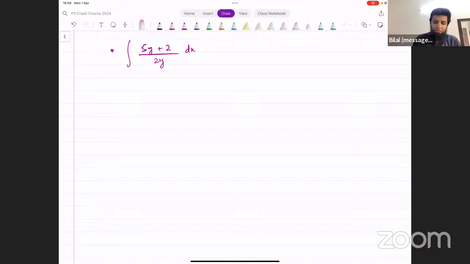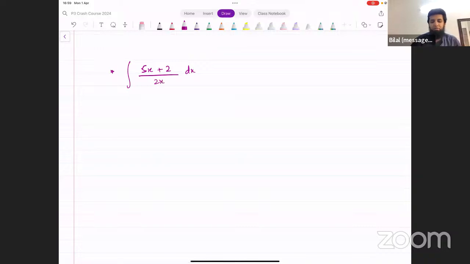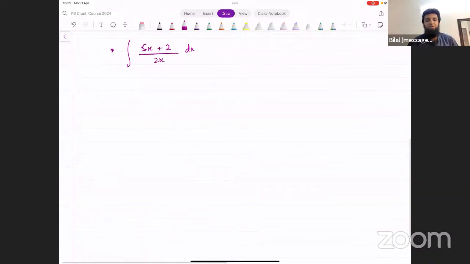I'm sorry, let's use x here. 5x plus 2, we could use y as well, but then we would need dy here. So this is 5x plus 2 divided by 2x. We want to integrate it with respect to x. Now, how do we integrate this integral?